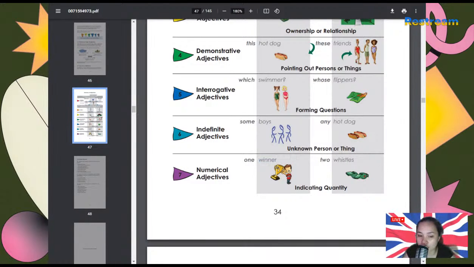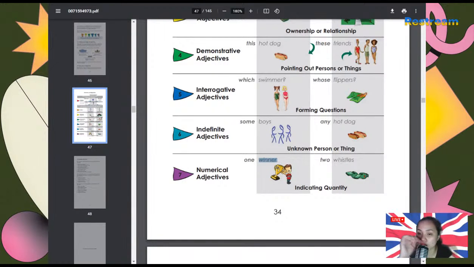Then we have two whistles, which is plural. It has the letter s because the root word is whistle. So we put a number that is more than one, two, for the plural form whistles, while winner is singular, so it is only one.